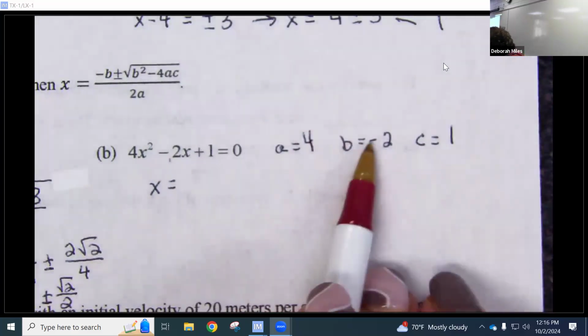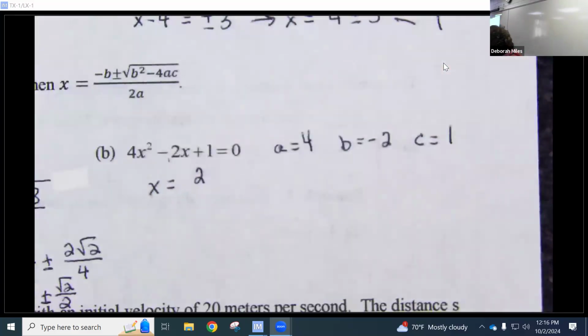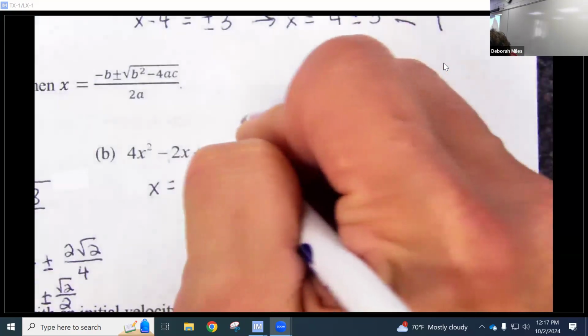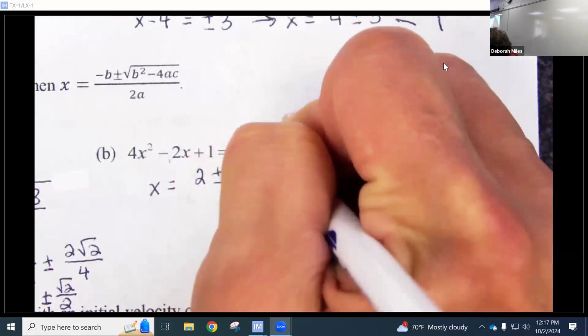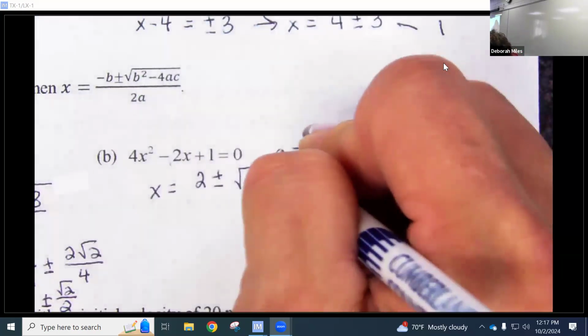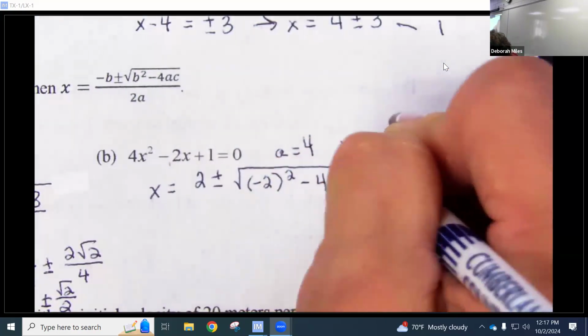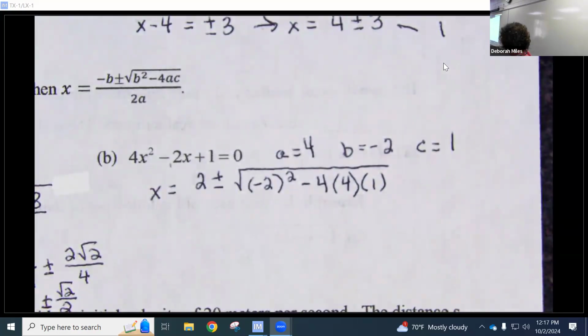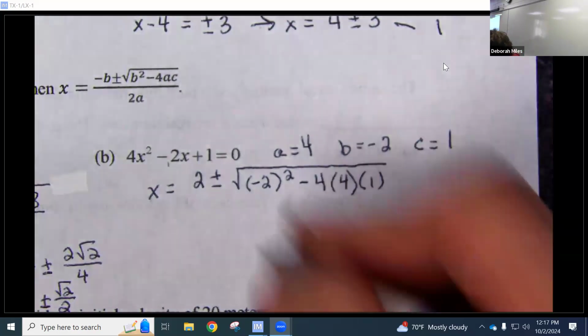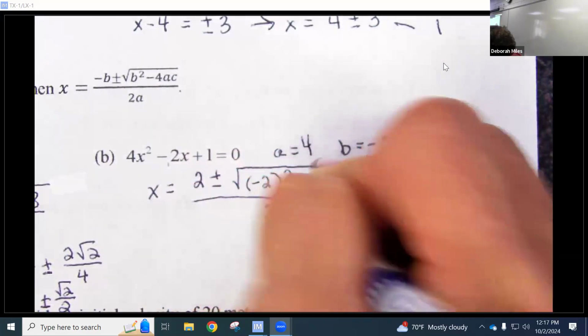X equals the opposite of B would be +2 plus or minus the square root of B in parentheses squared minus 4 times A times C, all divided by 2 times A.